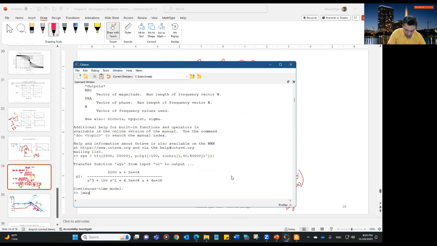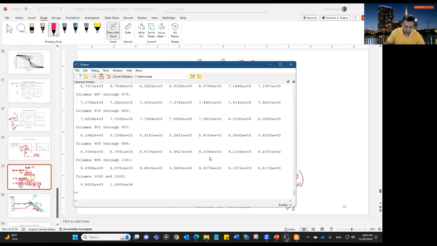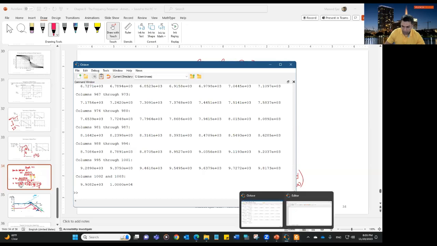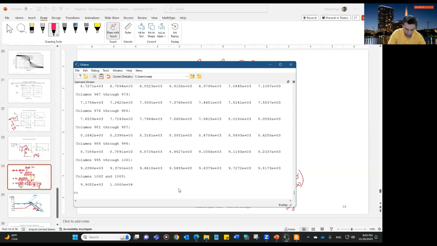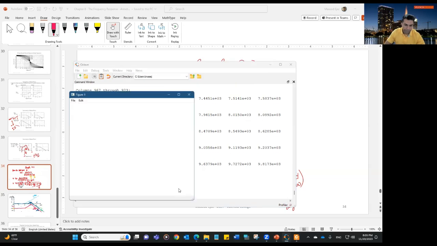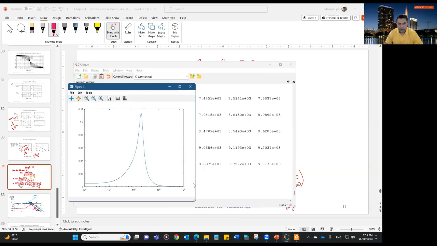So let's say magnitude, phase, frequencies, Bode. Okay, so I have to plot it now. Semilogx w comma mag. All right.